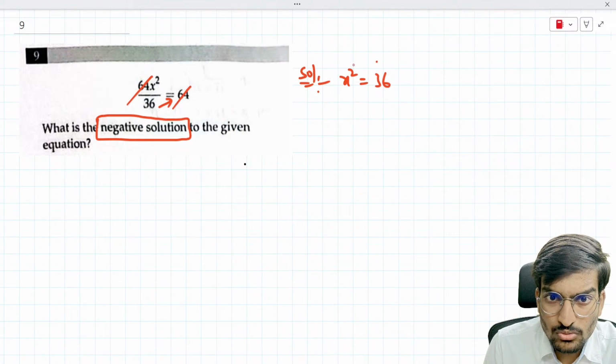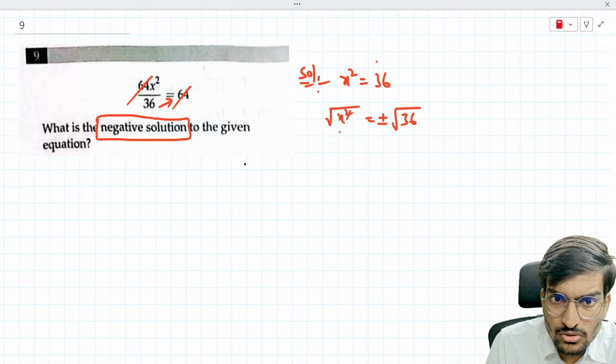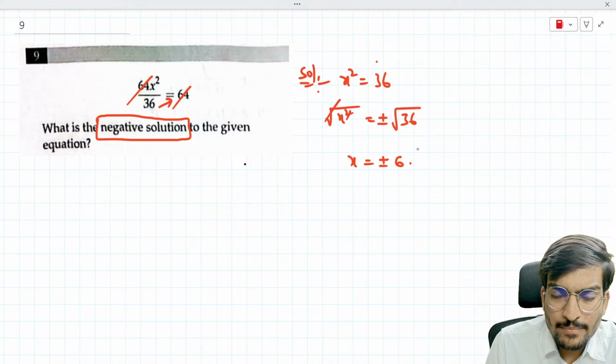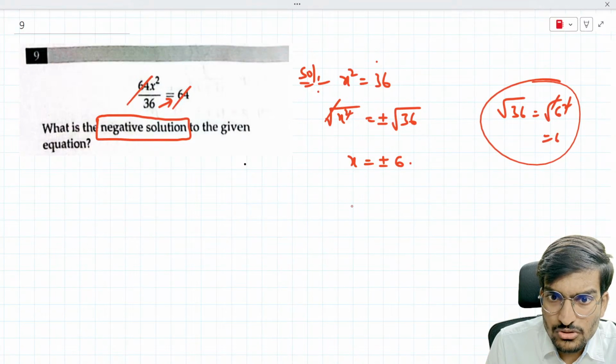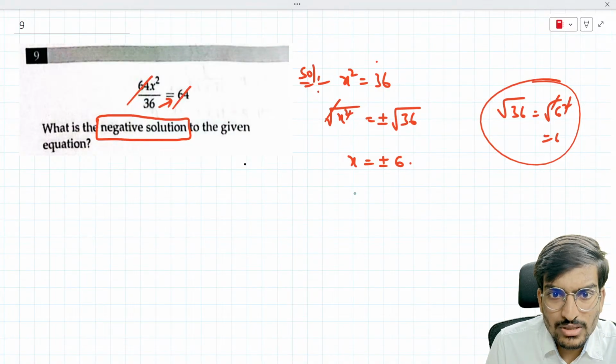We want only x, not x square, so take the square root on both sides. You get x equals plus or minus root 36, which is plus or minus 6, because root 36 equals root of 6 square, which equals 6. Now we need the negative value, so x equals negative 6.